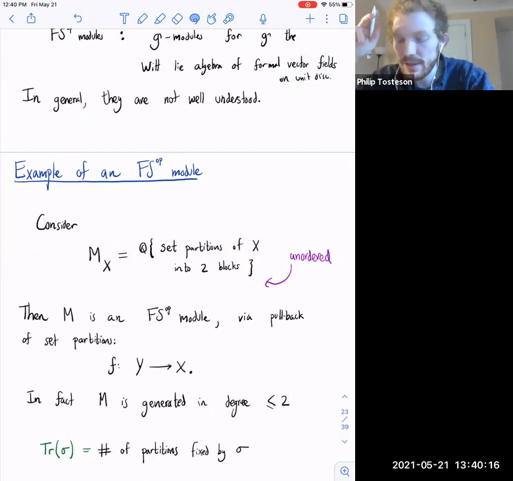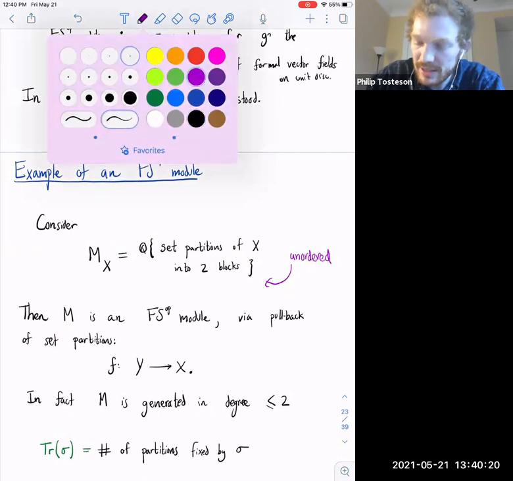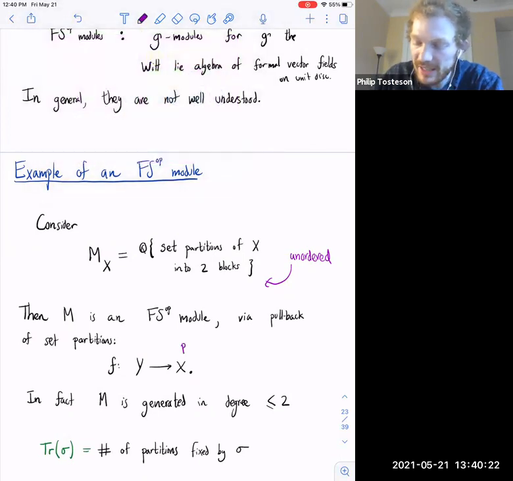This M is naturally an FS^op module because if you have a partition P of X into two blocks, then you can always partition Y according to which block each element gets mapped to under F. So by pulling back the partition, you can show that M is an FS^op module. In fact, it's a projective FS^op module. But we won't need that.